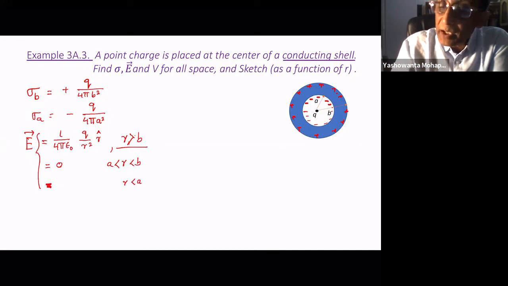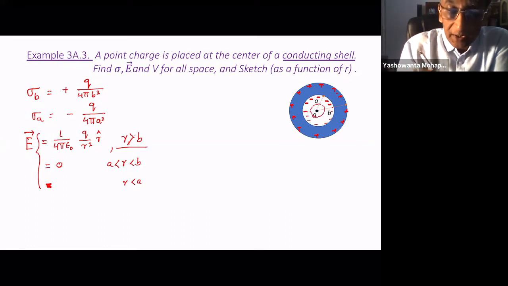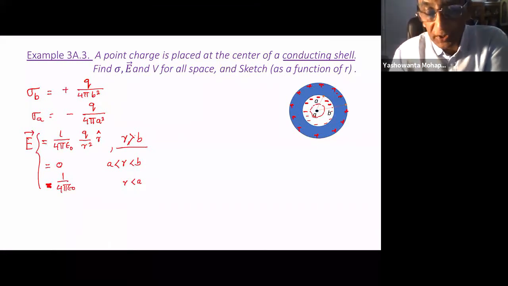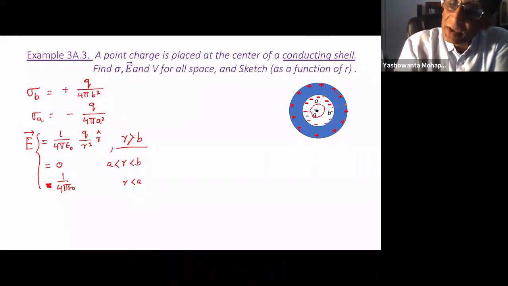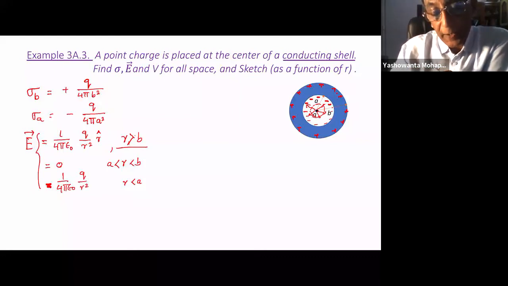That we can always calculate by a spherical Gaussian surface around it, and that would be simply 1 by 4 pi epsilon naught Q by R square, for R less than A. The outside induced charge is not contributing, and the field is going nicely uniformly.